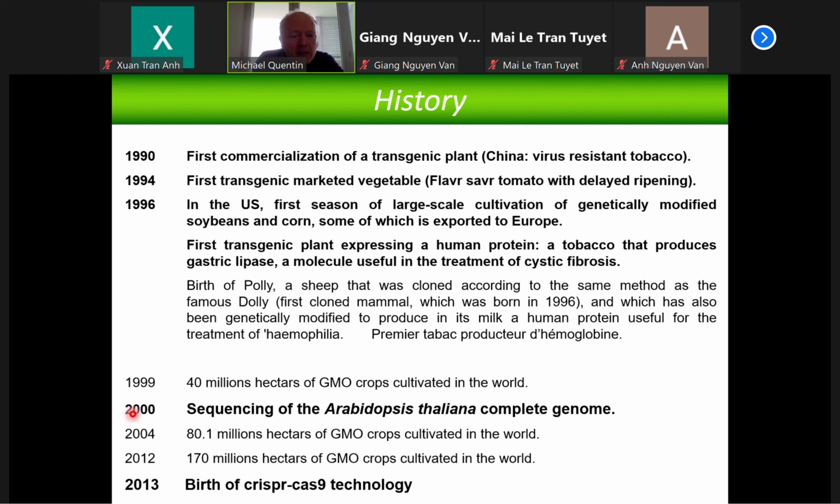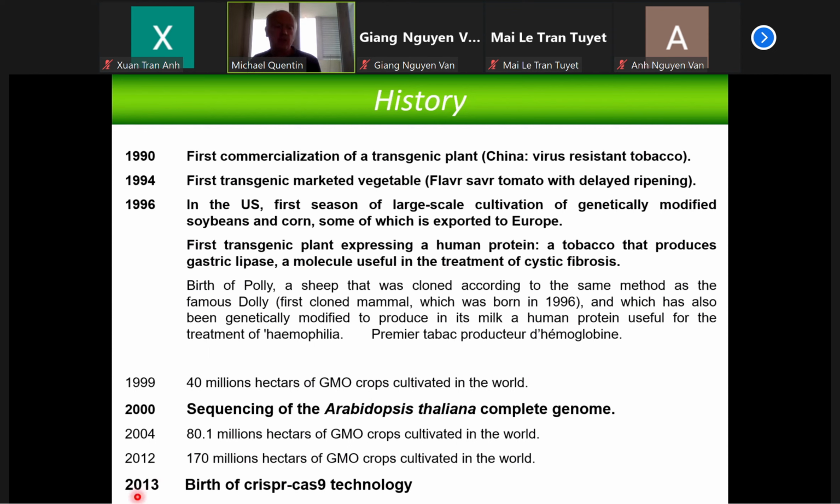Other few dates: 2000, only 21 years ago, we got the first complete genome sequence of a plant. It was the plant model Arabidopsis thaliana. So you see, it's not very old. It's only a few years ago that the first complete genome of a plant was sequenced.